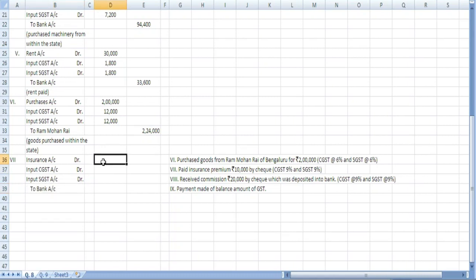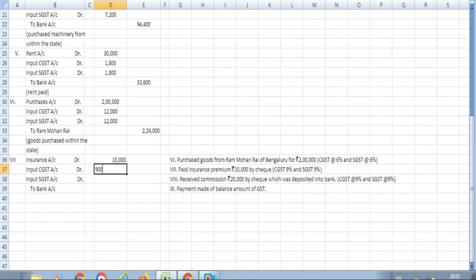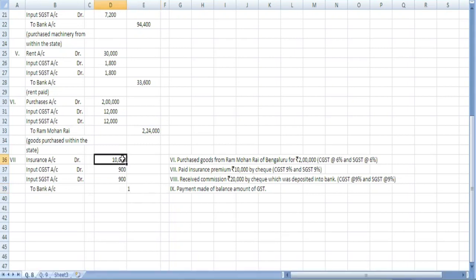So the insurance premium was for 10,000. The GST is 9% and 9%, so it is 900 and 900. So the total of these three will come as 11,800.